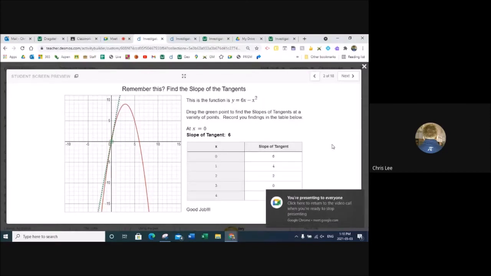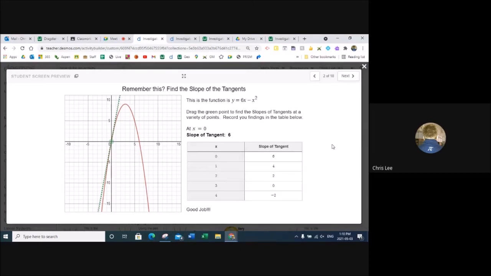All right, so just recapping what you did in the first 4 slides to make sure you're set up to do the last ones on your own. So here is the function we looked at before, 6x minus x squared, and we were investigating all the different slopes of the tangents. This is where we discovered increasing and decreasing, max and min, and positives and negatives.